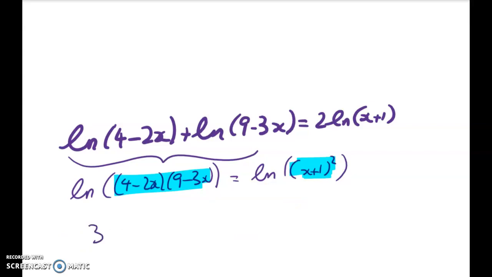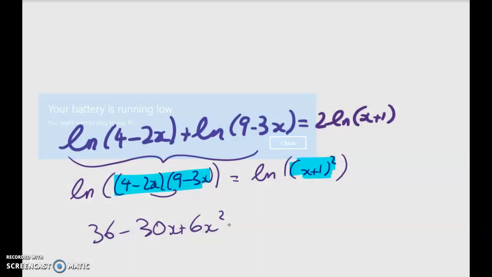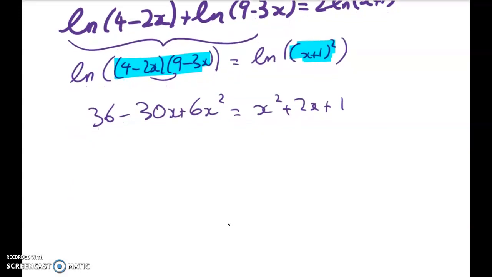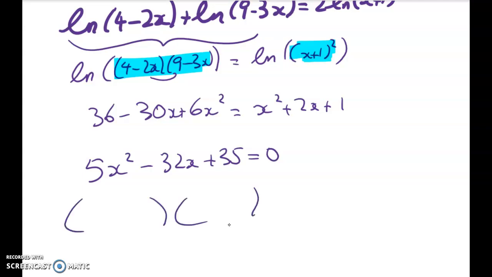And we get 36 minus 18 minus 30x plus 6x squared is equal to x squared plus 2x plus 1. Be careful with your quadratics. Most of you did this really well. So 5x squared minus 32x plus 35 is equal to 0. Factorising that, some of you can do that pretty easily just by looking, and it falls out like this.